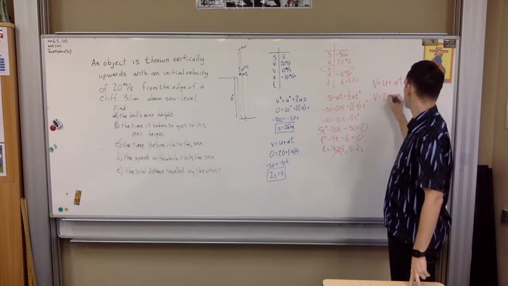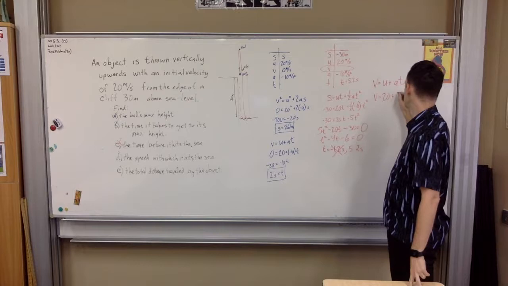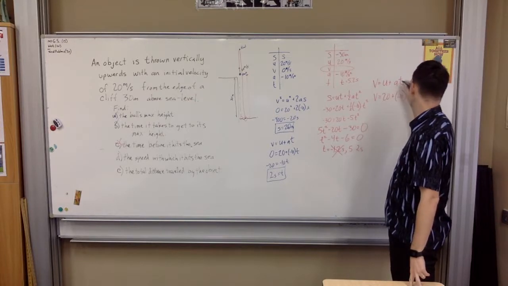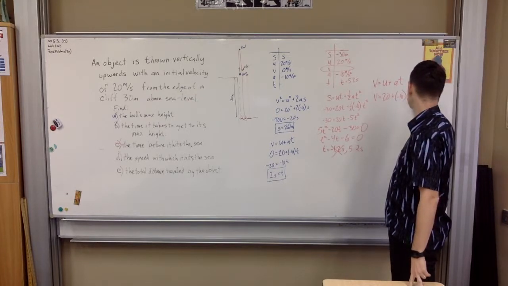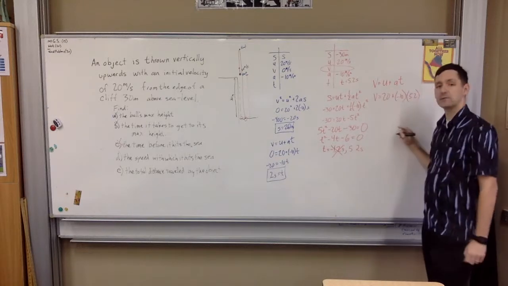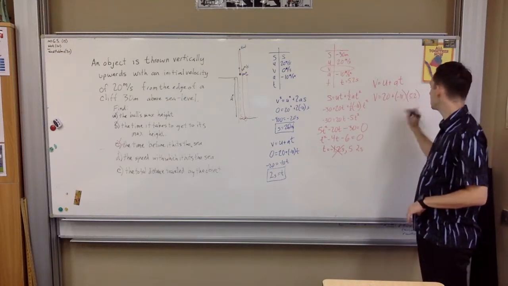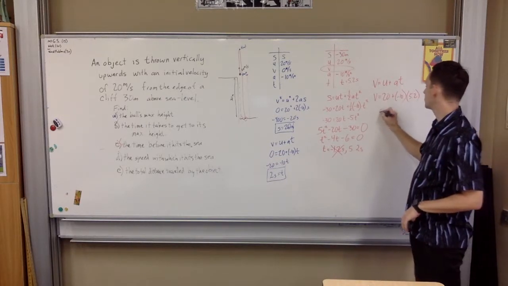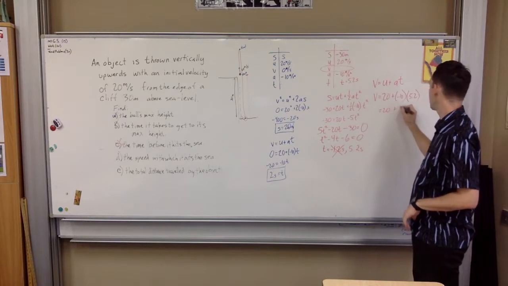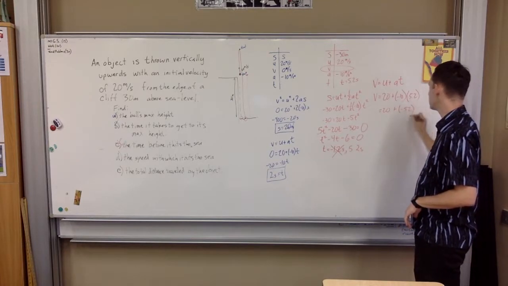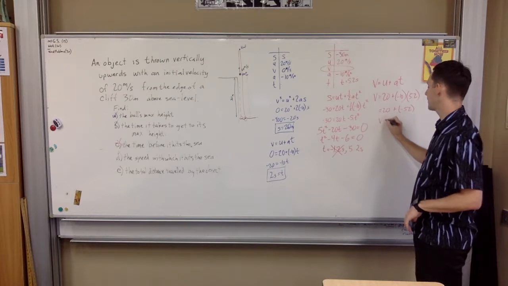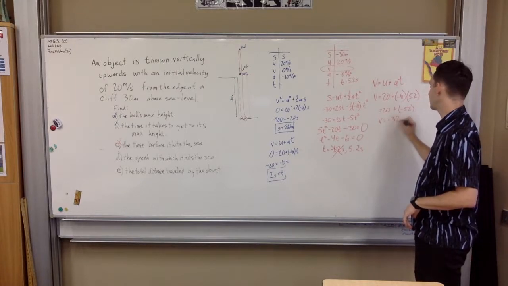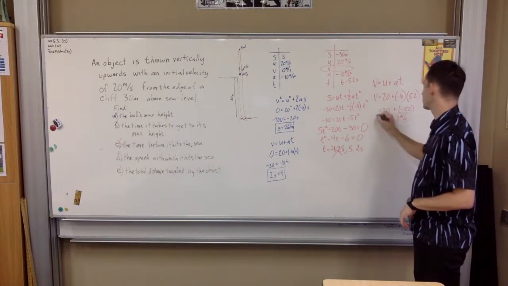U is 20 plus A is negative 10 times T, which was 5.2. Negative 10 times 5.2 would be negative 52. So plus negative 52. Add those together, I get a final velocity of negative 32 meters per second.